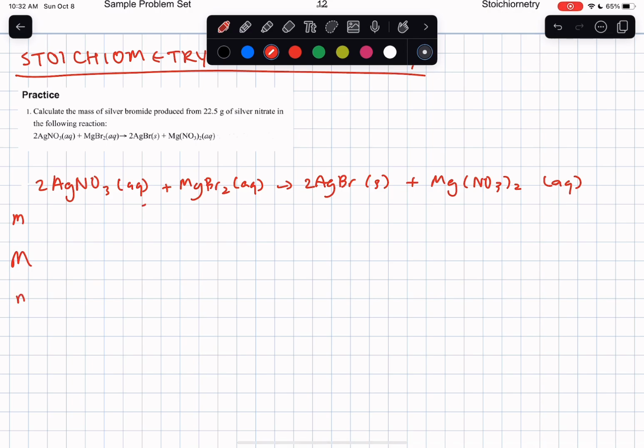Okay, so now that we have the equation down, we can do the same thing that we did earlier where we have the mass, the molar mass, and the moles. So we're told that the silver nitrate has 22.5 grams, right? And we know that the silver nitrate is the AgNO3. So we put 22.5 grams here.